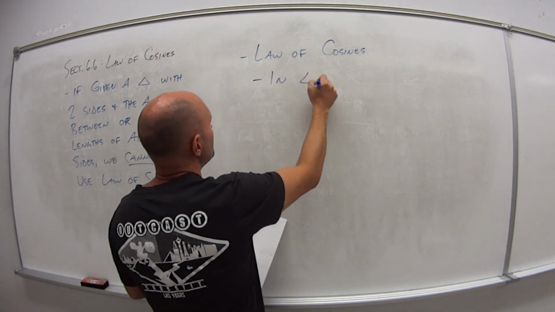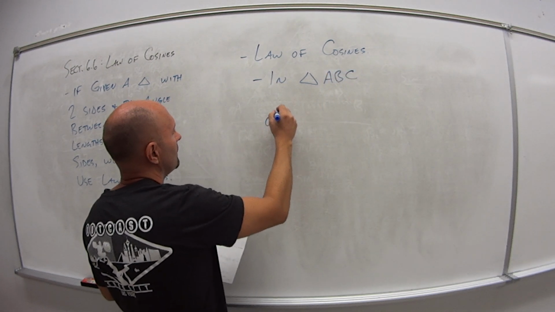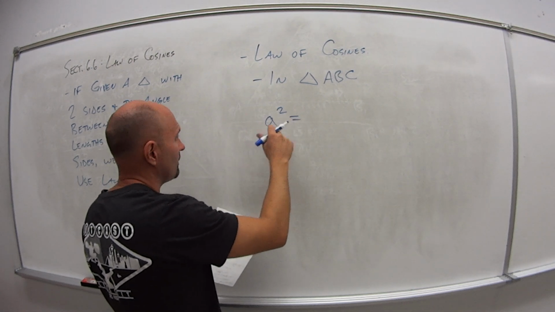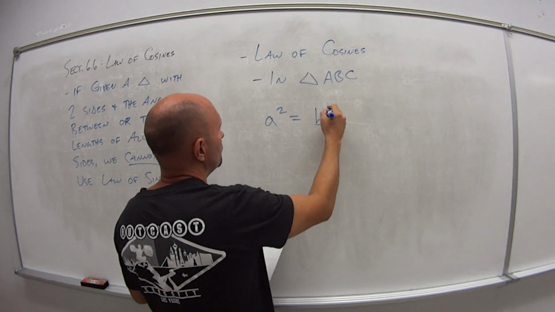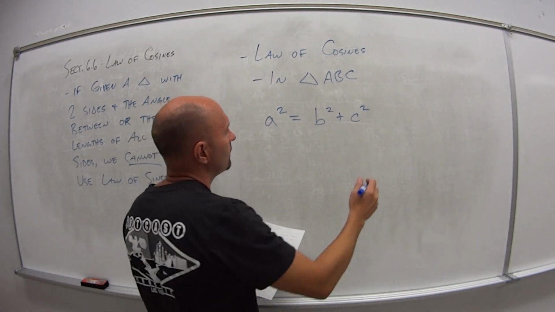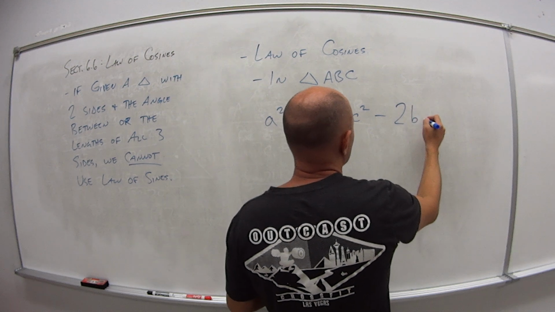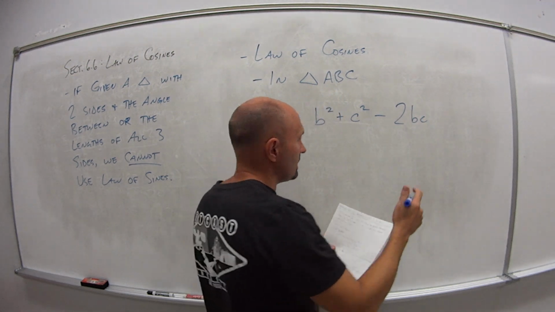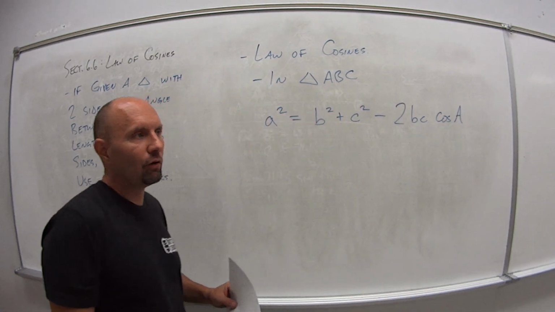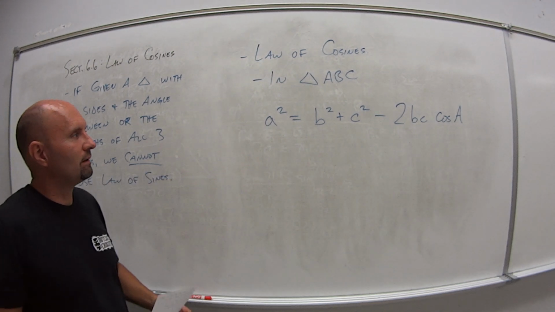So we have the following. In triangle ABC, the law of cosines says that a squared, the length of the side a squared, is equal to b squared plus c squared minus 2 times b times c times the cosine of angle A. It's similar for b and c.